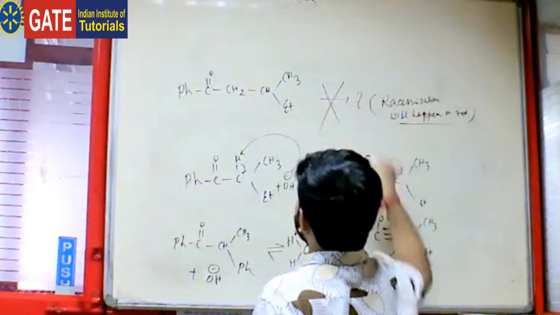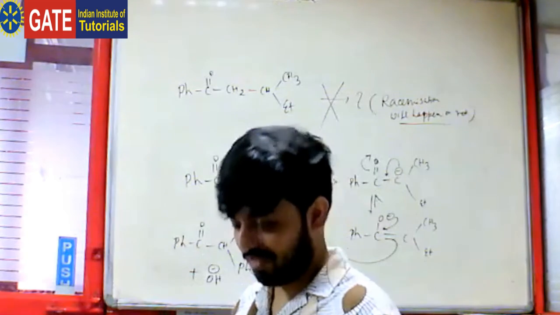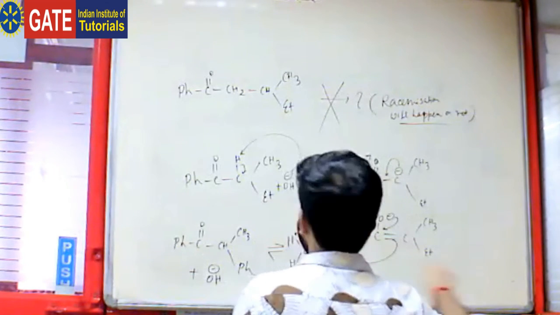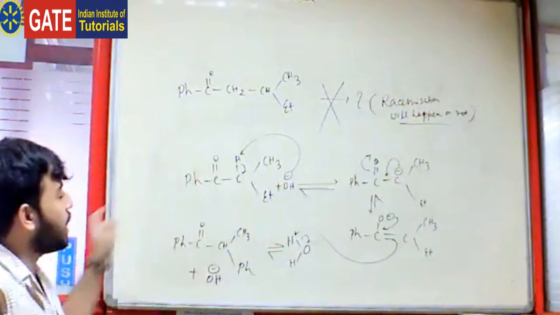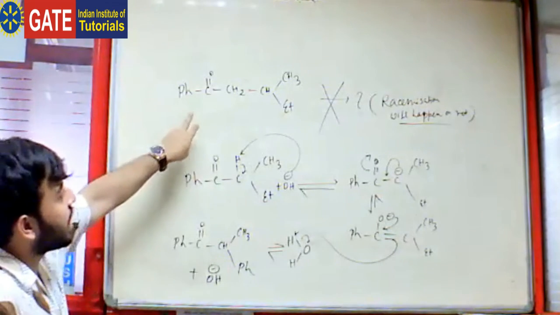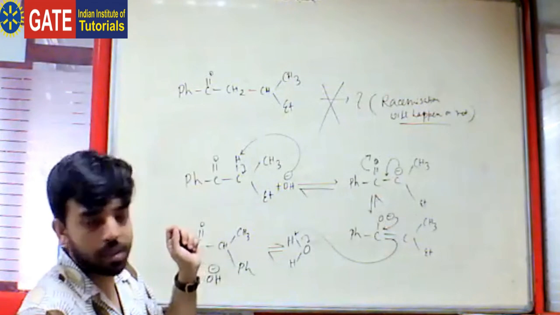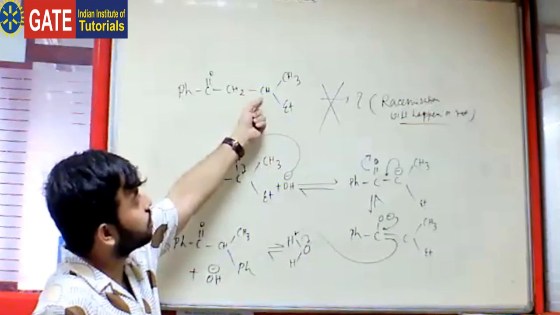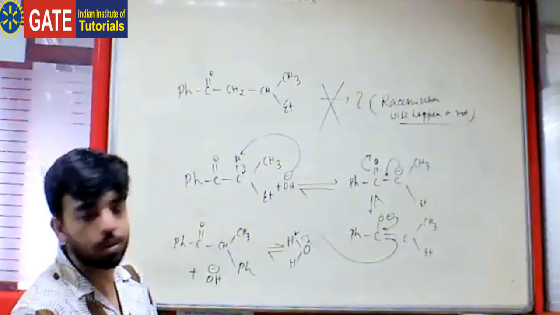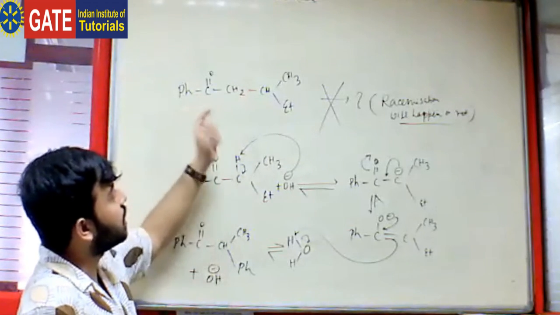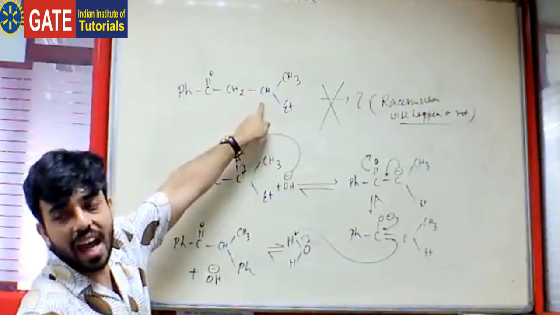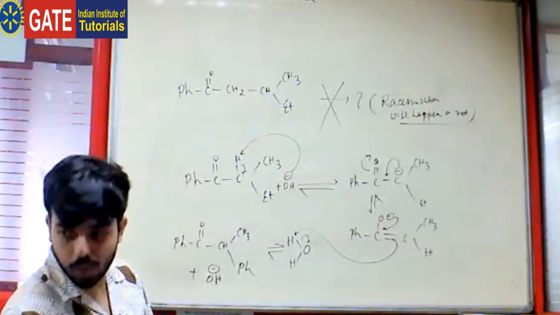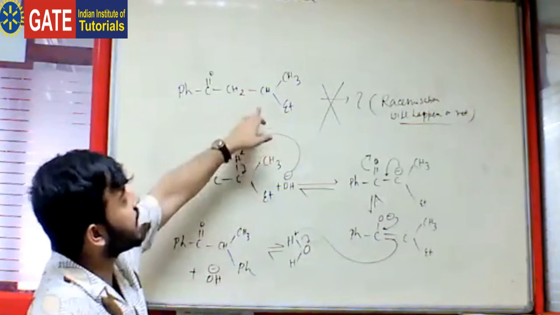Actually, it will not happen. Why? See, where is the chiral carbon? Tell me. Where is the C double bond O? This is not that acidic. So OH minus will not take it, this is the beta.